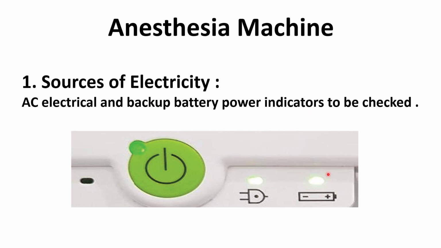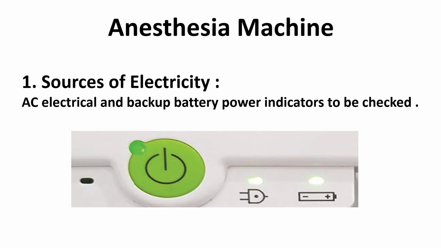You will connect the device and check that both of them are working. And if you remove the electric plug from the socket, only the battery indicator should be working, and it should give you an average estimation of battery life, which is almost 60 to 90 minutes on average for most devices.